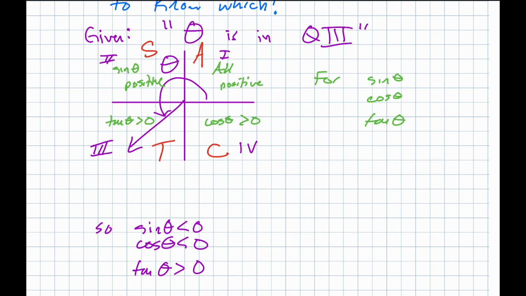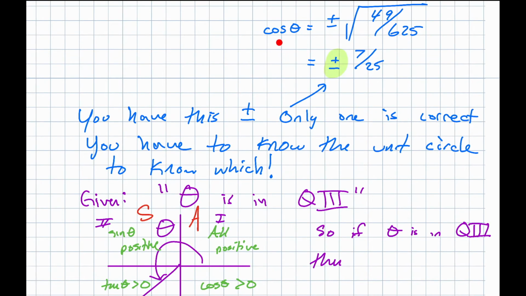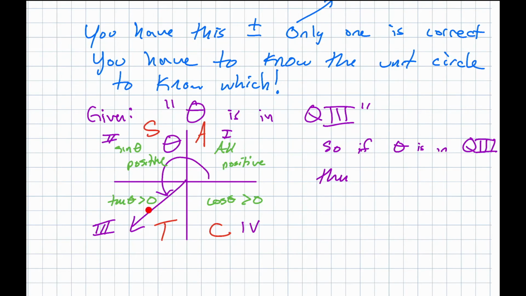So the point of that is that if theta is in quadrant 3, then what can we say about the cosine? Because we have a cosine right here. The cosine could be plus or minus here, but down here, tangent's positive, but the other two are negative.